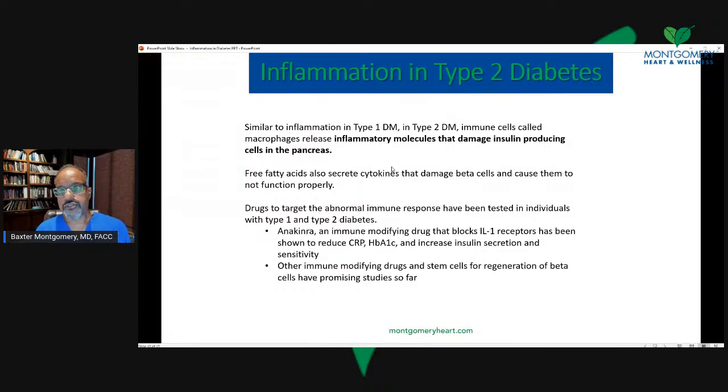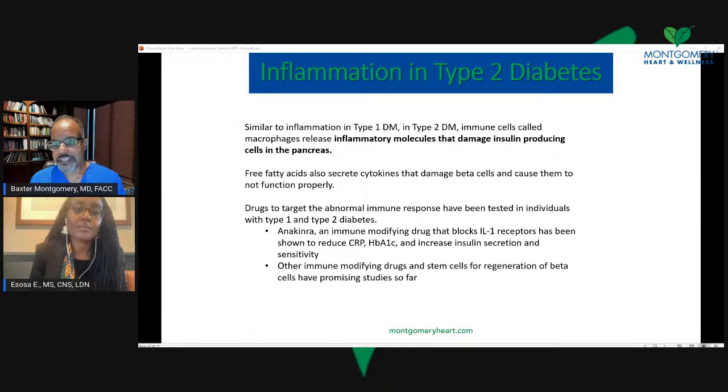Some of these people who are considered adults with type 1 may not be fully adults with type 1. I remember treating a patient years ago who was in her maybe mid to late 20s. She was labeled as a type 1 diabetic.